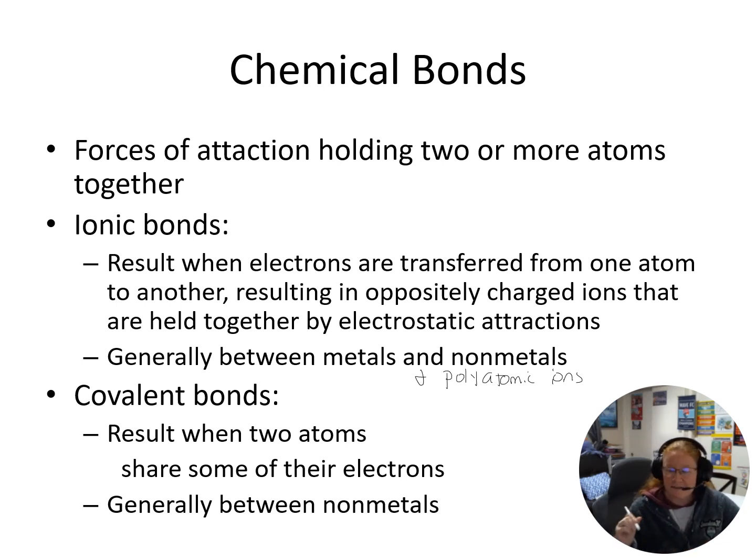Now, there are some nonmetals that have lower electronegativity values, relatively speaking, and some metals that have higher electronegativity values, relatively speaking. So if I get a metal of higher electronegativity value and a nonmetal of lower electronegativity value, there may not be enough of a difference in electronegativity for there to be a complete transfer of electrons.